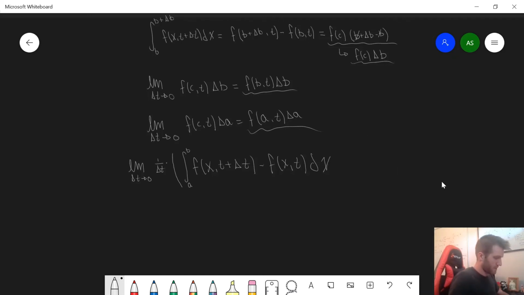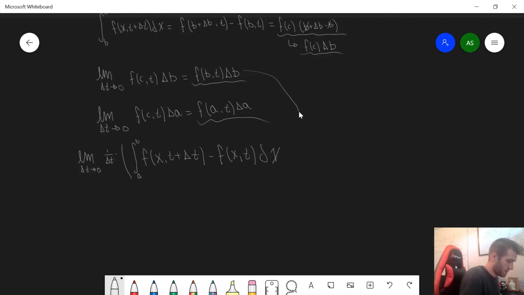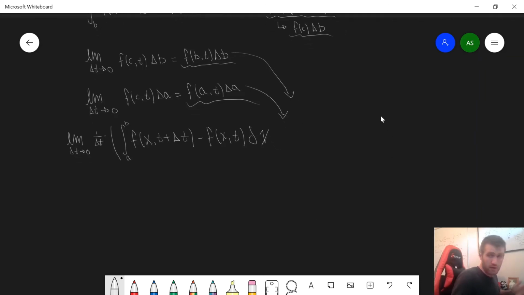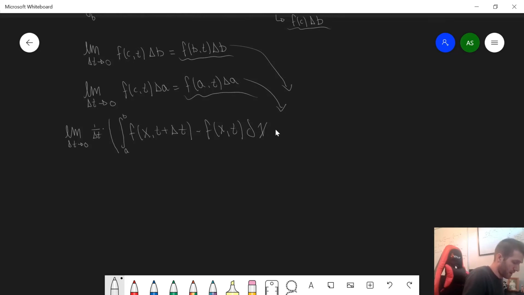Now, substituting what we have here for what we just solved for. So now we can add our function of b, comma t times delta b minus our function of a, comma t times delta a.